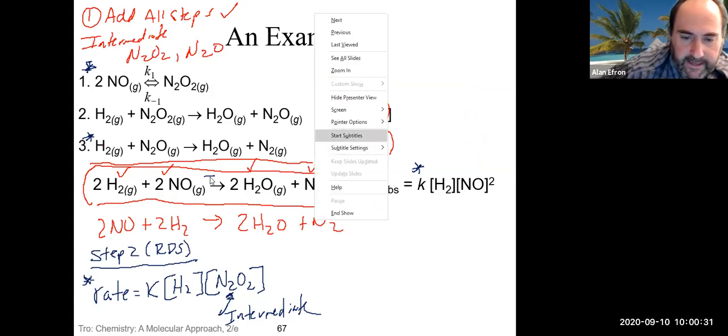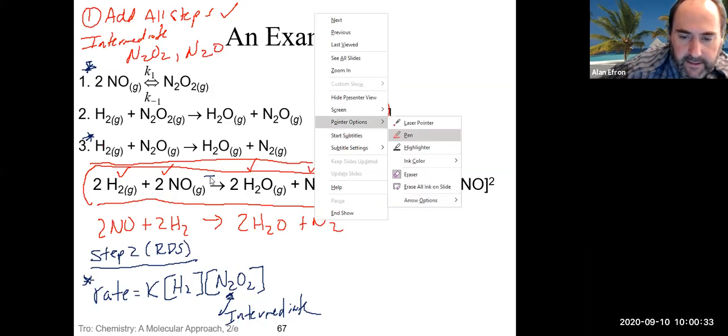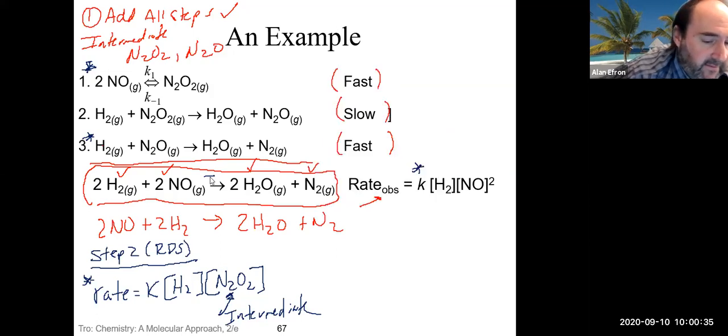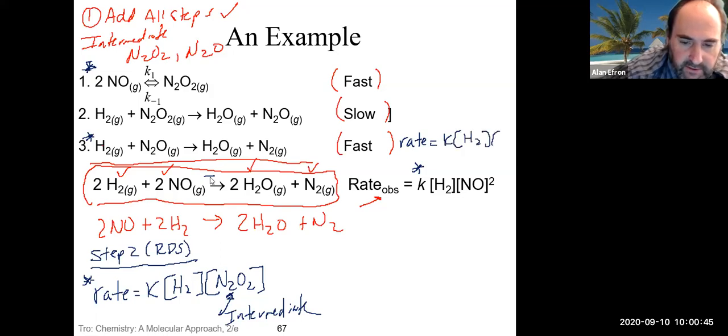Perfect. All right, so what we could do is write a rate law for the other steps. For step number 3, we could say that the rate is equal to k times H2 times N2O. For step number 1, it is actually a reversible reaction, so it's arrows heading in both directions.